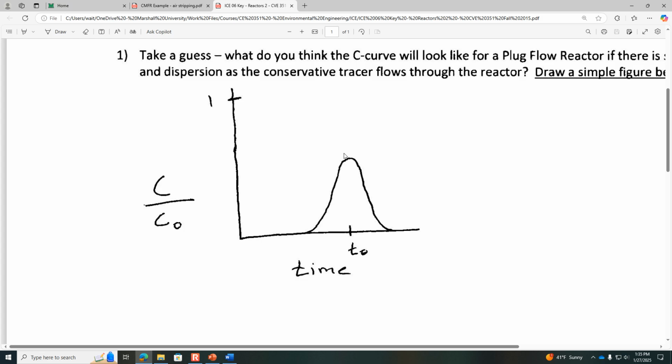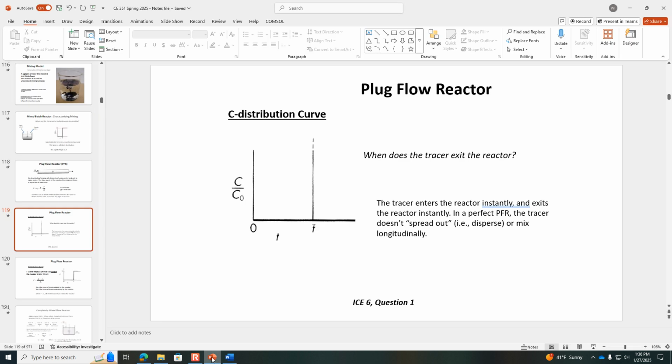And so most of the dye here is spread out over the average. And then you can get a sense that probably these lagging tracer particles are the ones that, maybe they were near the edge where the velocity was less. And that's why they spent more time in the reactor and they go out towards the last. So yeah, that is the C curve.